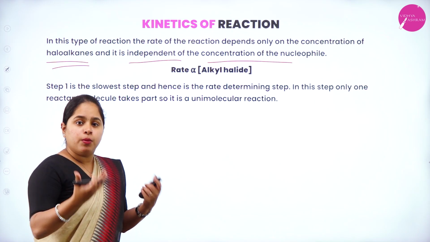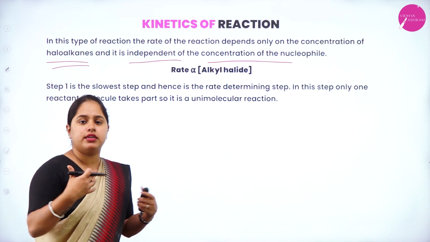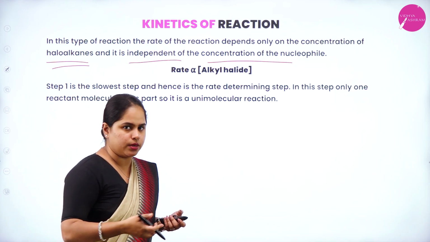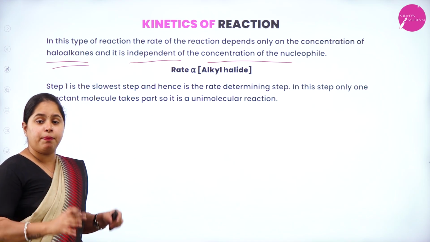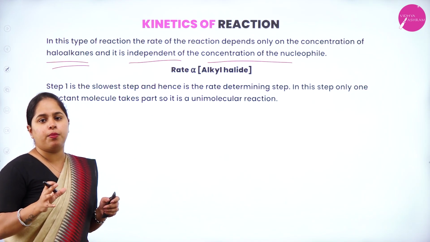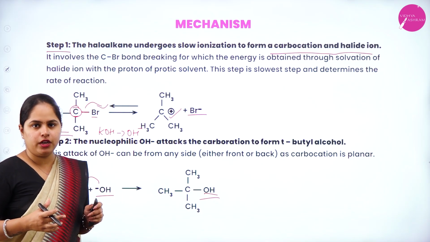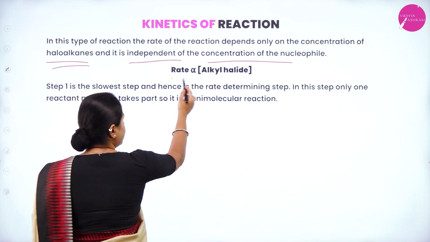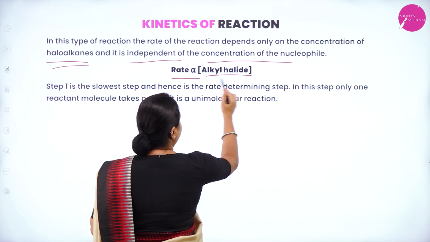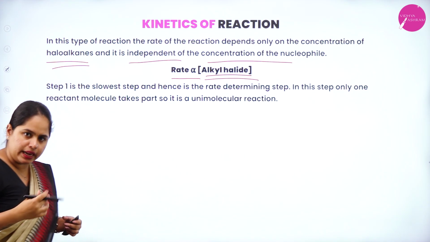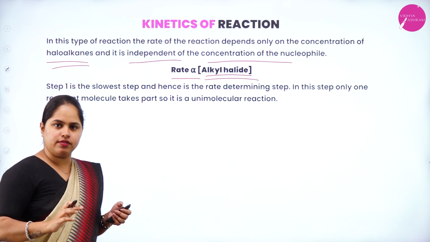When more haloalkane is taken, the reaction will proceed much faster. And it does not depend upon the concentration of the nucleophile which has been used. That is why the rate of the reaction will only depend upon the concentration of alkyl halide, or haloalkane, which is taken, right?